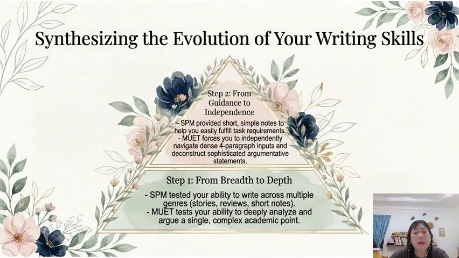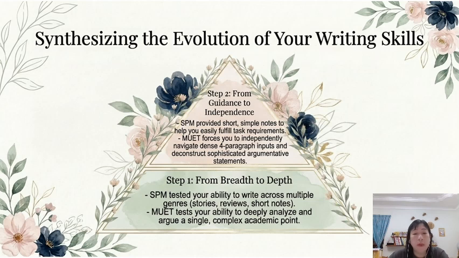Now let's take a look at a diagrammatic representation using a pyramid to see how SPM 1119 paper evolves into MUET. Step 1, let's take a look at what the difference is. From breadth, we go into depth.